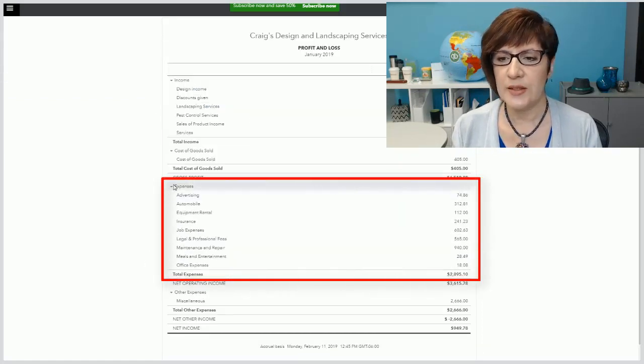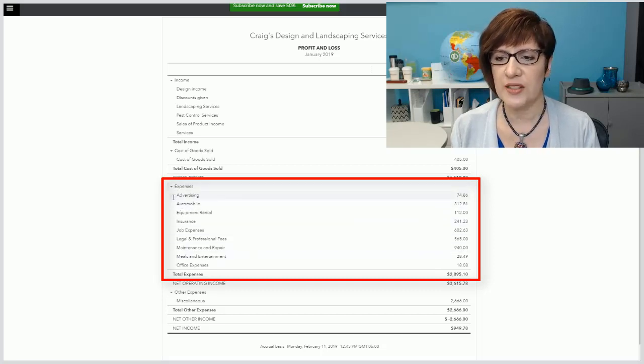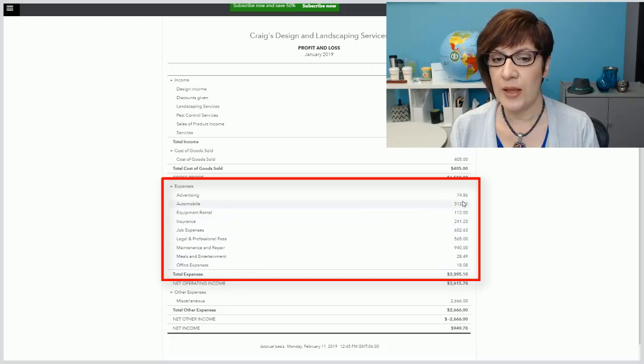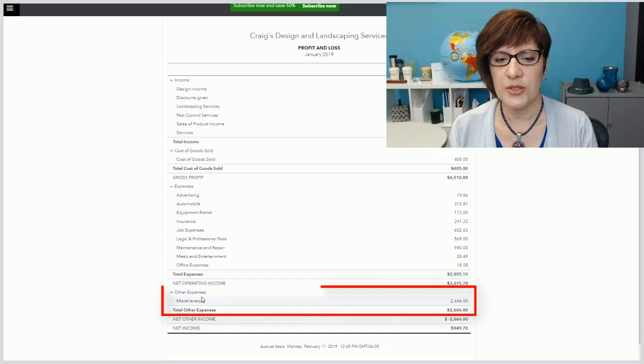Next is expenses, and here's the money out. So these are all of the different expenses that you have. In this particular case, they are sorted alphabetically. And now you can see where the money went. And then that's total expenses. Then there's a section called Other Expenses. Sometimes it will say Other Income and Other Expenses.